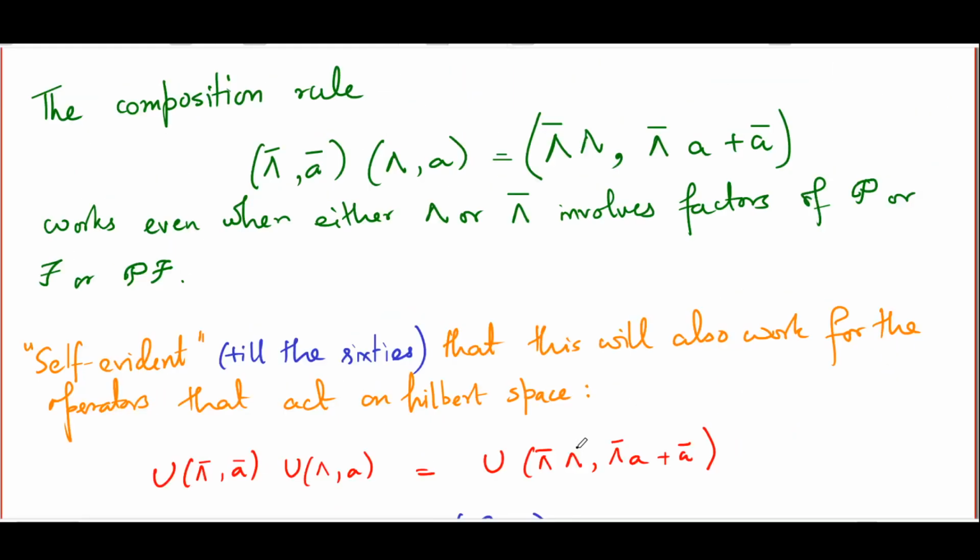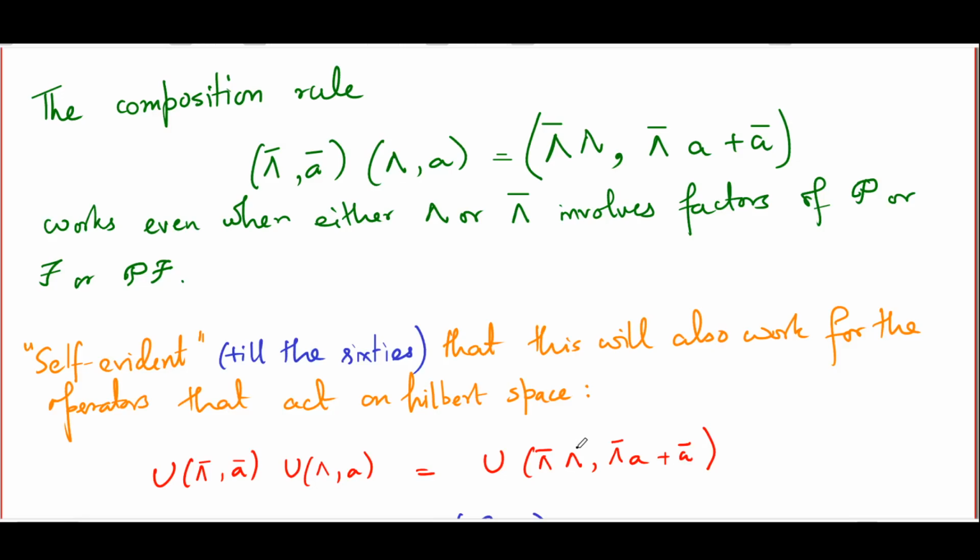We had earlier studied the composition rule for Poincaré transformations. That is, a Poincaré transformation with a Lorentz transformation lambda bar and translation a bar times another with a Lorentz transformation lambda and translation a would combine to give you a Poincaré transformation whose Lorentz transformation part is simply the product lambda bar lambda, while the translation part is slightly more complicated. It's lambda bar times a plus a bar.